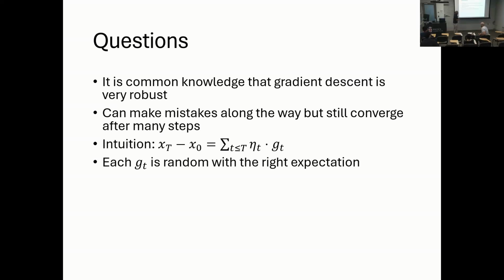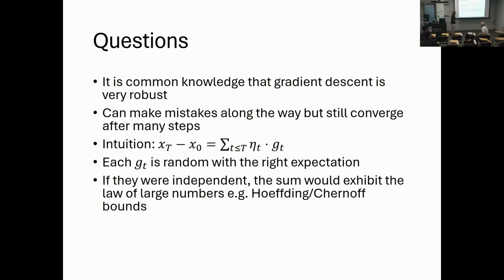This kind of summation is very familiar to people doing theory. If you have random variables that are independent and all have the right expectation, then you would expect some kind of law of large numbers, or Hoeffding or Chernoff bound type behavior. Summing up random variables with the right expectation, you should get concentration.